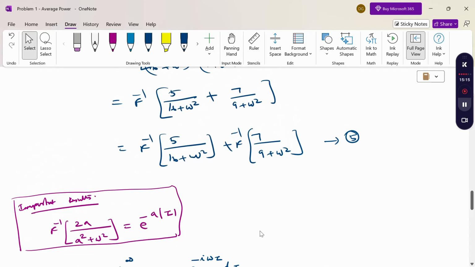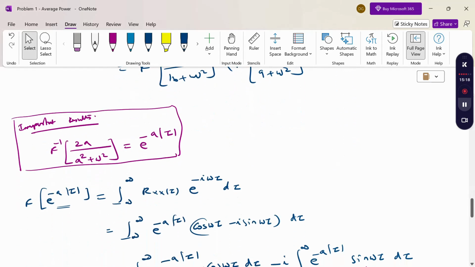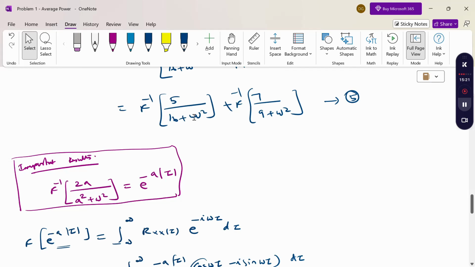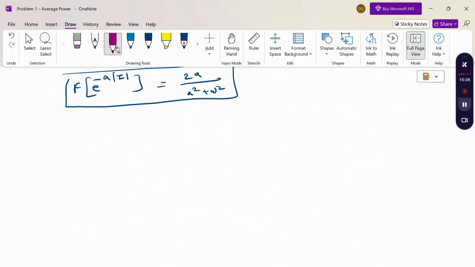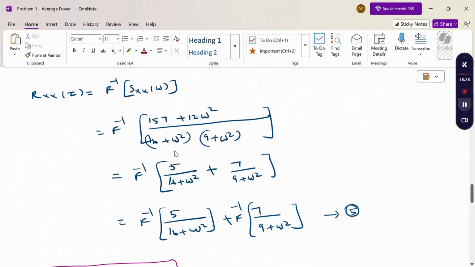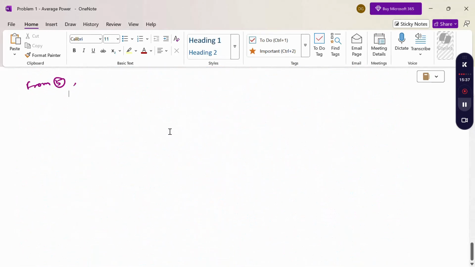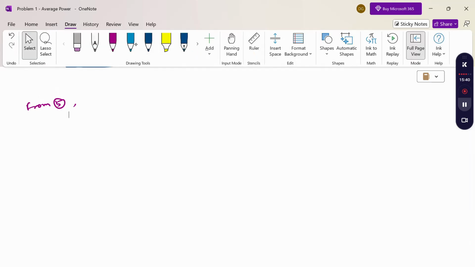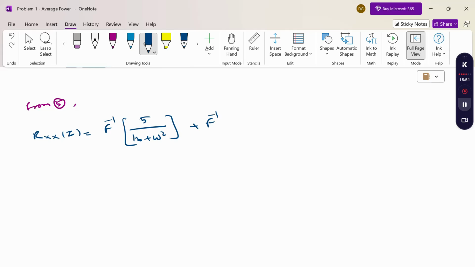This is one of the problems actually, but here it is not necessary to solve it; we directly use this result in this problem. Therefore equation 5 becomes: Rxx of tau equals Fourier inverse transform of 5 by 16 plus omega square plus Fourier inverse transform of 7 by 9 plus omega square.